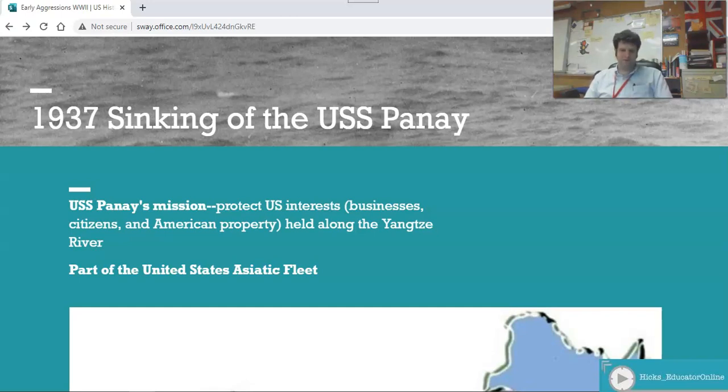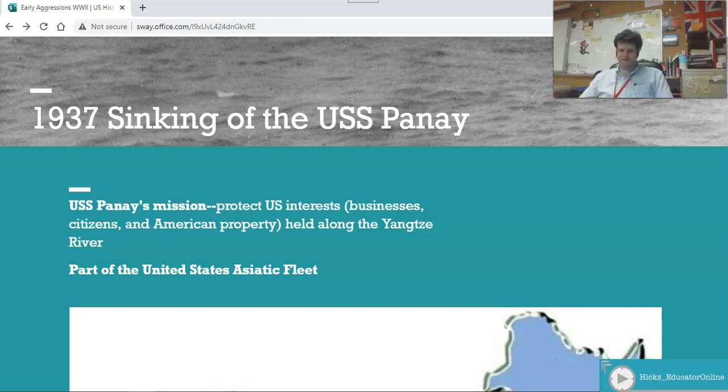The Japanese Navy deployed 12 aircraft, and they proceeded to attack every ship in the area, including 3 civilian Standard Oil Company barges, a couple of British gunboats, the HMS Ladybird and HMS Bee, and they sunk the American ship, the USS Panay.